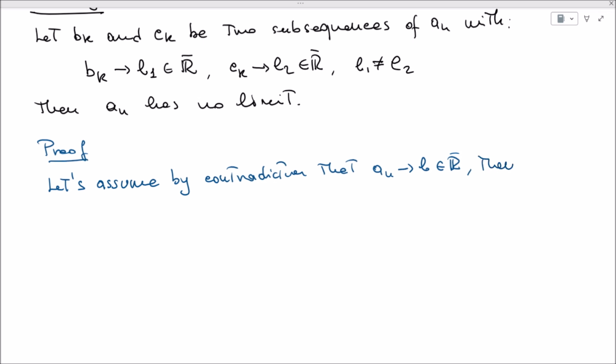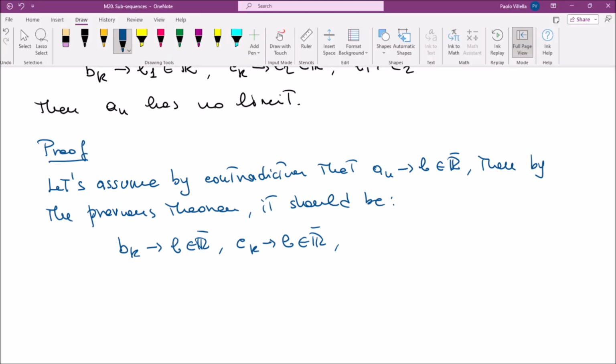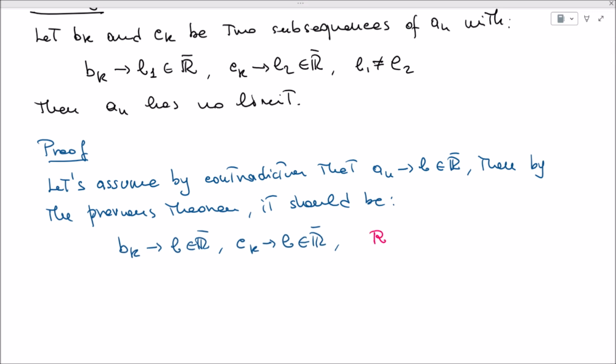Then, by the previous theorem, it should be that bk tends to L and also ck tends to L. But this, of course, is impossible because we know that they tend to different limits, so this is a reductio ad absurdum, and this concludes the proof.